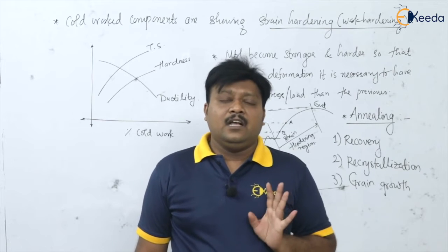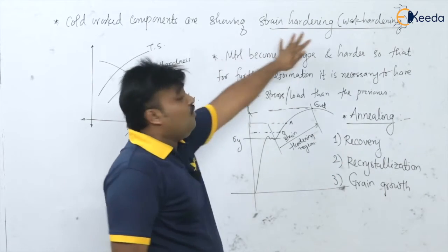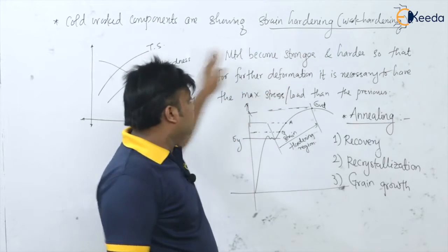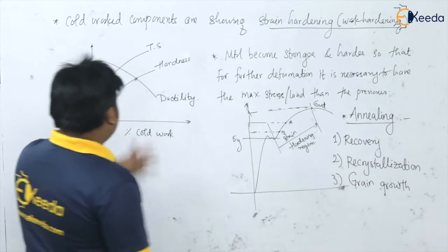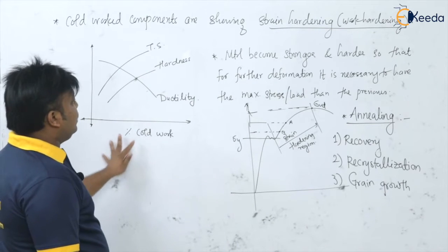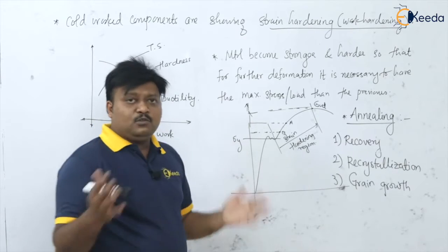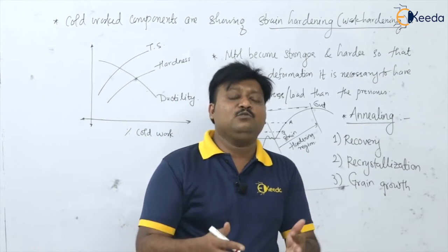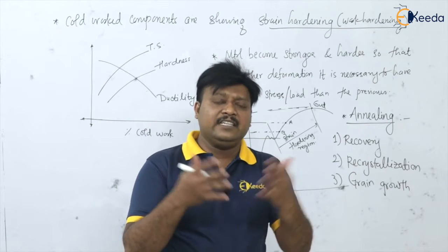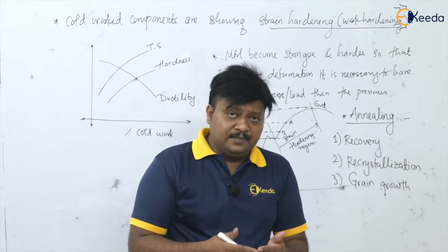So this is about strain hardening or work hardening. Because of that only all these things are required. Now when the percentage of cold work goes on increasing, as I told you, internal residual stresses are set into the material. These are nothing but the energy pockets or bundles available in the material because of the straining.